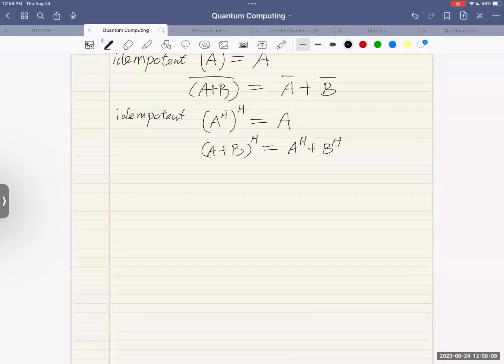So, multiplication. For those of you who have taken linear algebra, this is probably kind of easier. If it's not, for matrix multiplication, let me find a book example too.